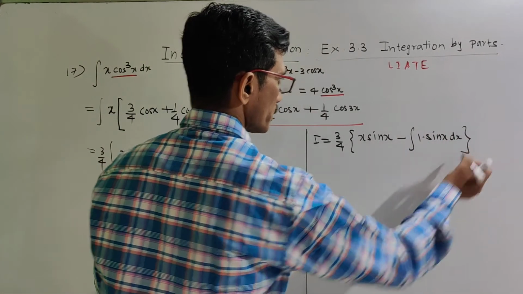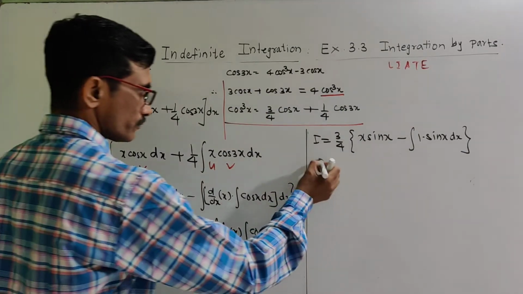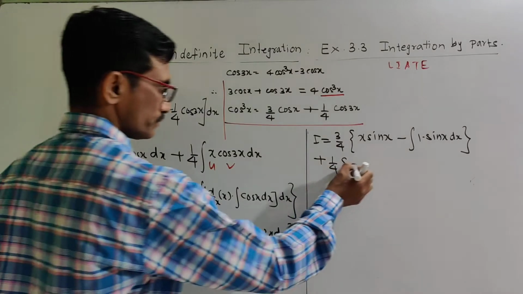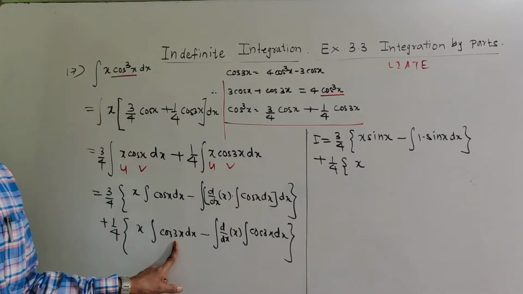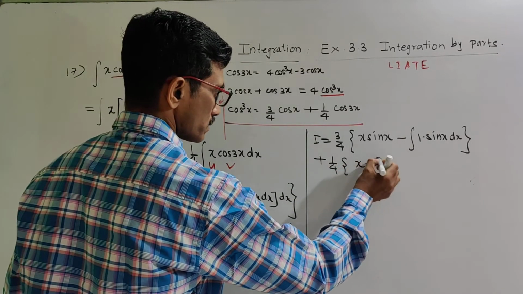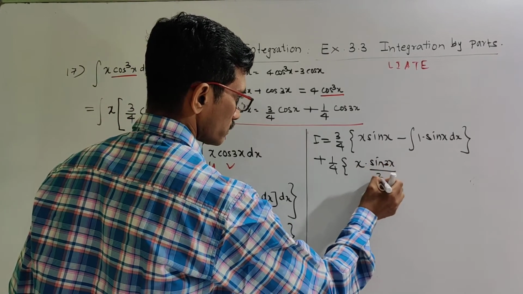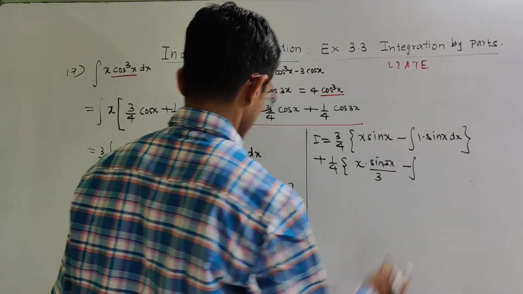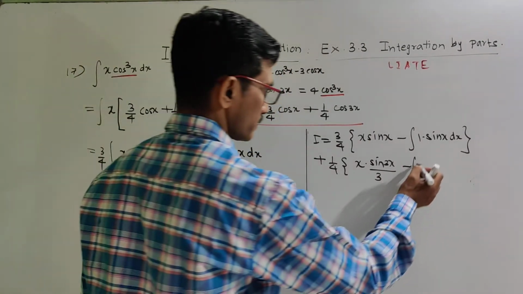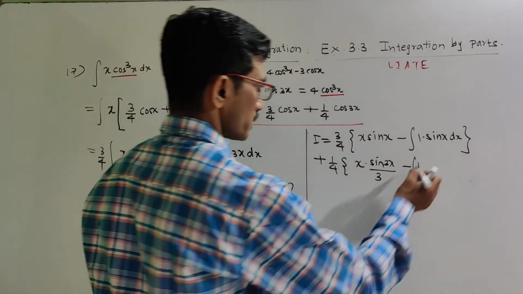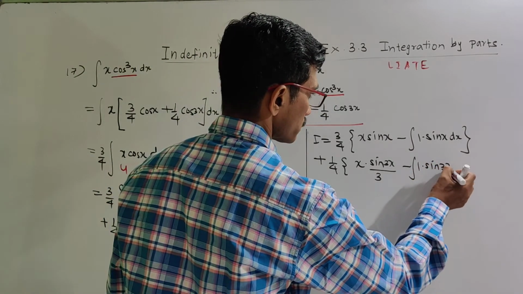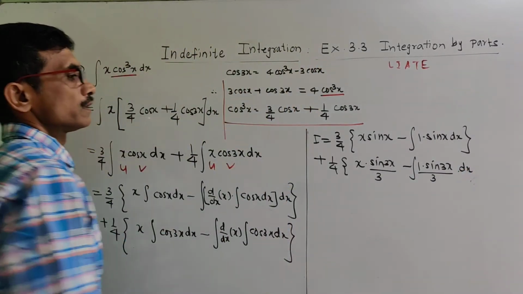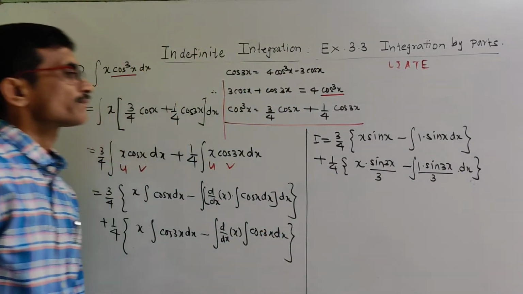Here this bracket completes, plus 1 by 4 x into integral of cos 3x is sin 3x upon 3, and minus integral of derivative of x is 1, integral of cos, that is sin 3x upon 3 dx. Here this another bracket completes.